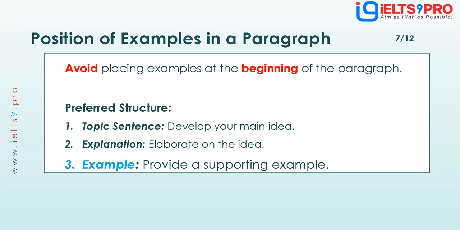Now, structure. Some people do put examples at the beginning, sometimes at the end. I wouldn't really do that because you need to explain the example. So, preferred structure: a topic sentence, main idea. Having free public transport is a good idea. Okay, sentence 2, explain it.